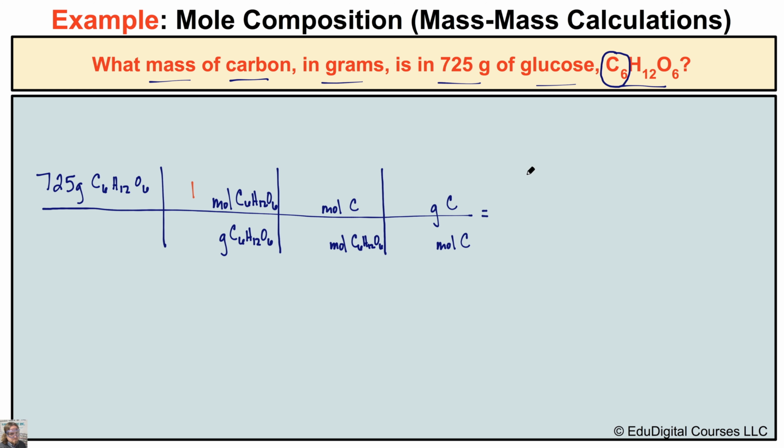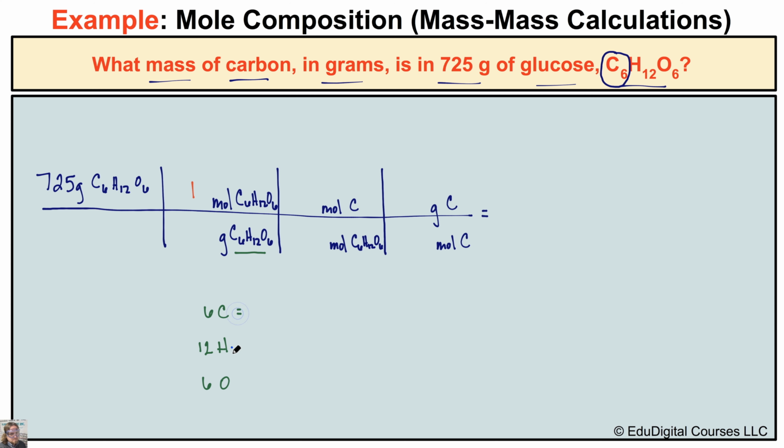Well, we're going to have to figure out the molar mass of C6H12O6. If we take a look, glucose is made up of carbon, hydrogen, and oxygen. And we can see that there are 6 moles of carbon for every 1 mole of this entire molecule. There's 12 moles of hydrogen, and there's 6 moles of oxygen.